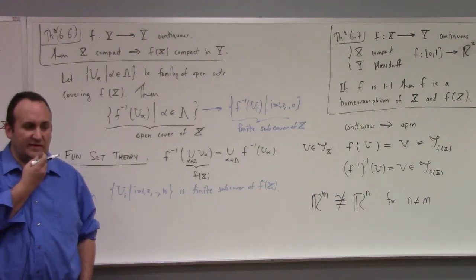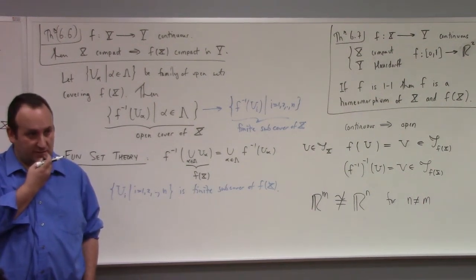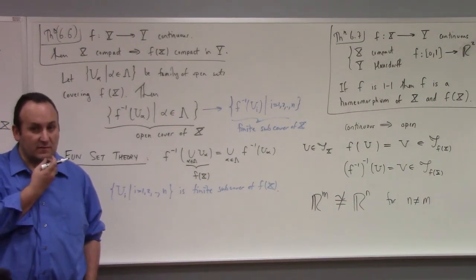Now, maybe that's a question I don't know the answer to. Do there exist exotic topologies on Rn or Rm as point sets that make Rn and Rm of different vector space dimension homeomorphic?